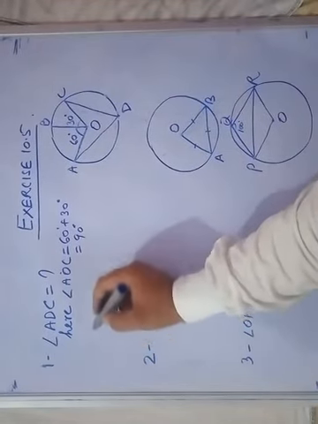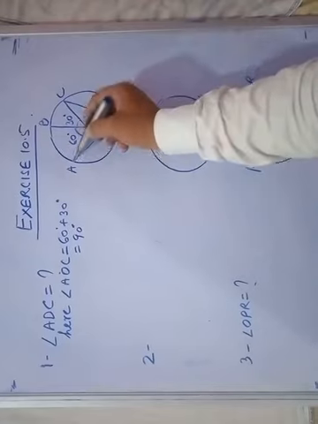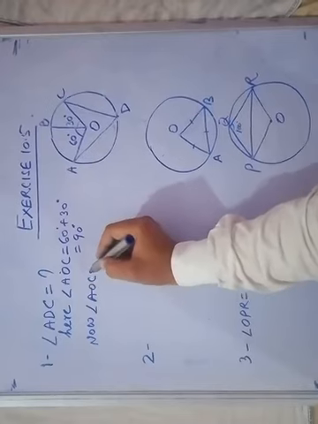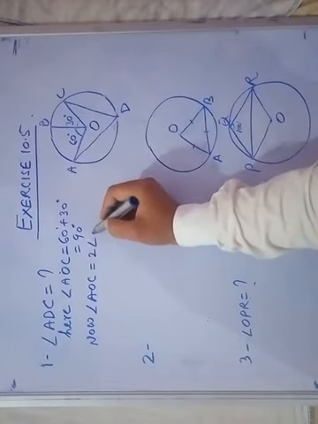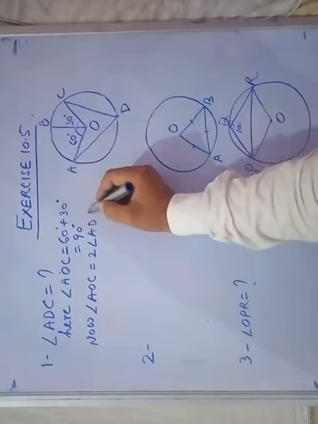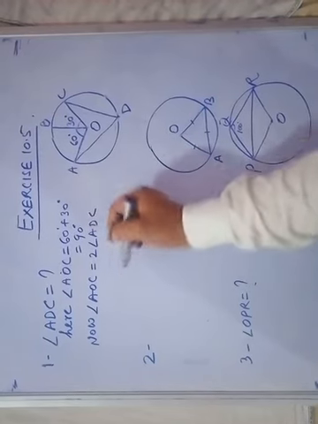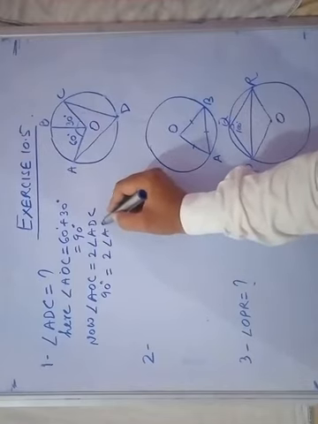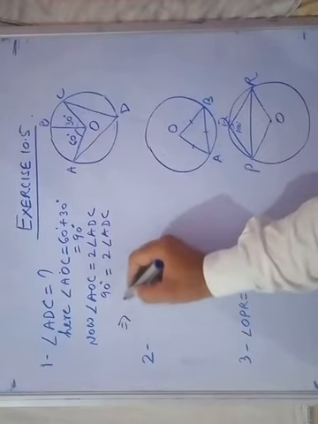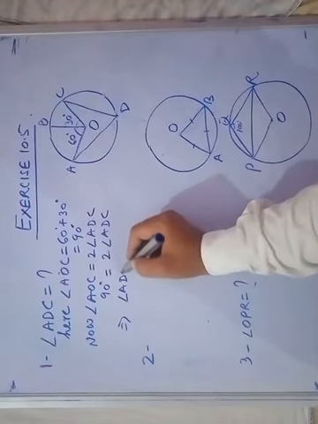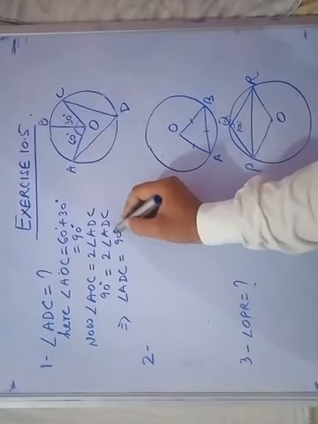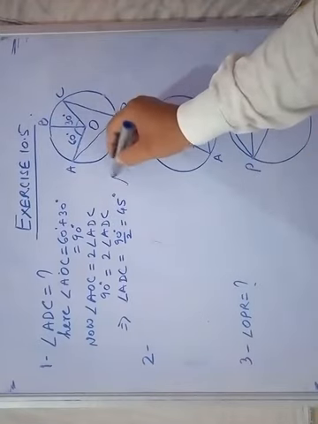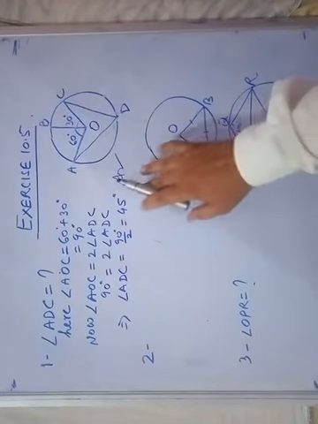Now by the theorem, angle AOC is twice angle ADC. So AOC is 90 degrees and twice angle ADC. This implies angle ADC will be half of 90, that is 45 degrees. So this is the answer of the first question.